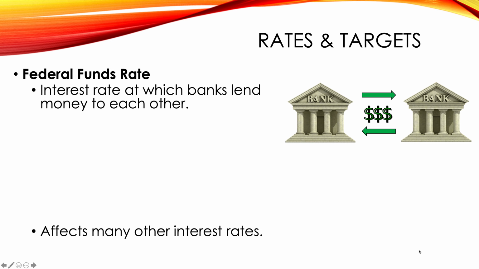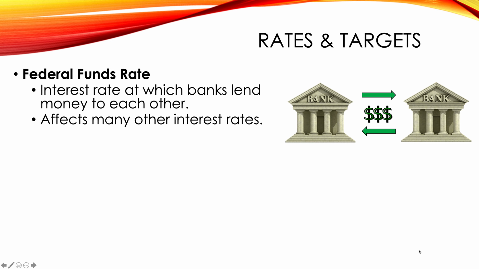So many other interest rates are affected by the federal funds rate. Things like credit card interest rates, auto loan interest rates, mortgage interest rates, even though mortgages are longer term loans. All of these rates are directly or indirectly affected by the federal funds rate.